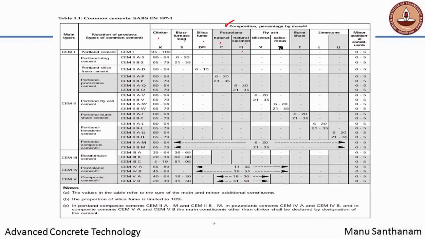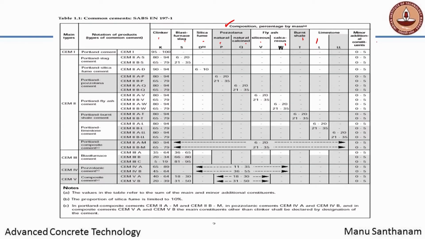Natural calcined implying calcined clay. Then you have siliceous fly ash or type F fly ash, calcareous fly ash or type C fly ash. You can also use burnt shale, which is a good pozzolanic material. You have limestone, and you have again I think double L probably refers to Portland limestone cement, which has higher degrees of replacement. You can see that this classification can confuse everybody.